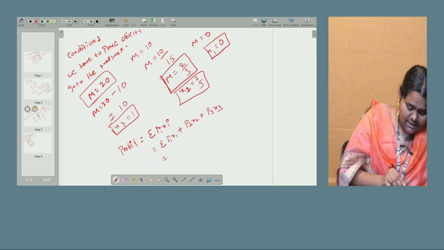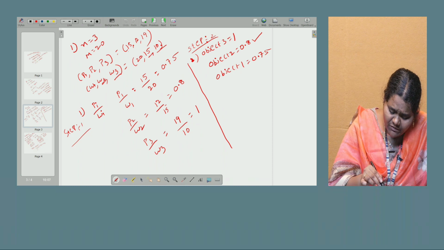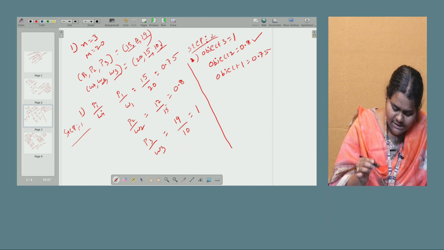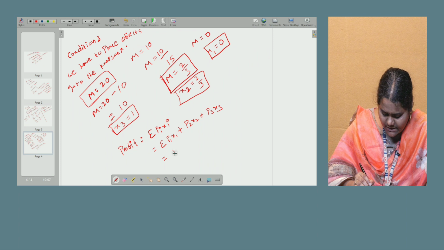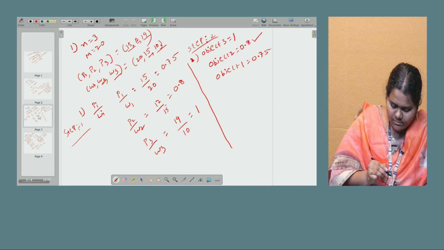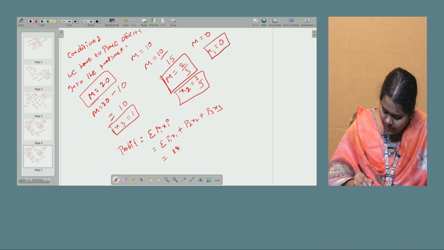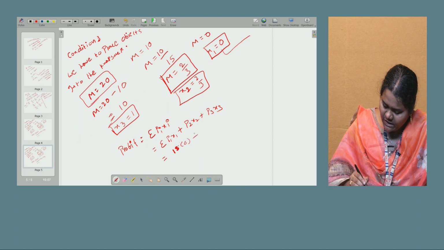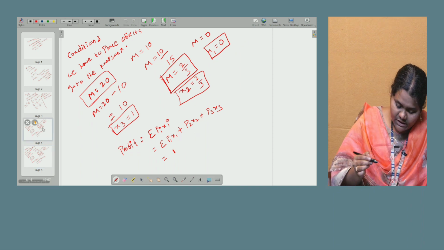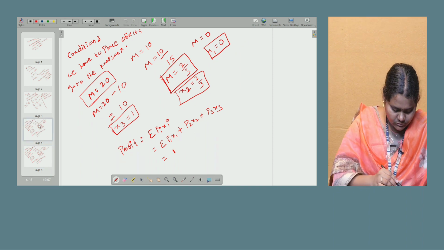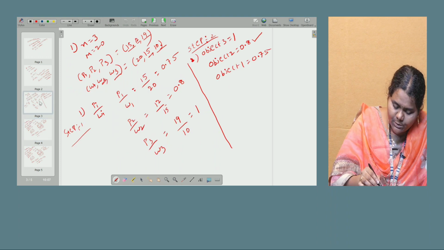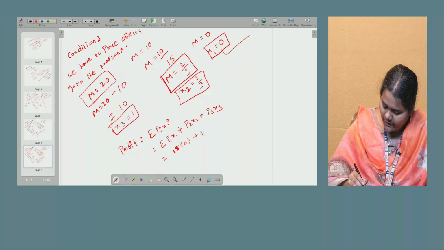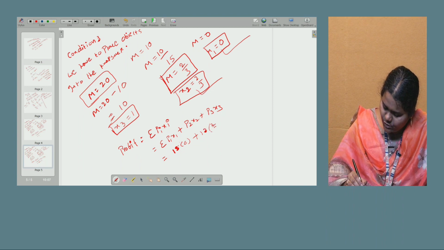P1 is 15, P2 is 12, P3 is 19. So P1 is 15 and x1 is 0, so 0, plus P2 is 12 and x2 is 2 by 3, plus P3.